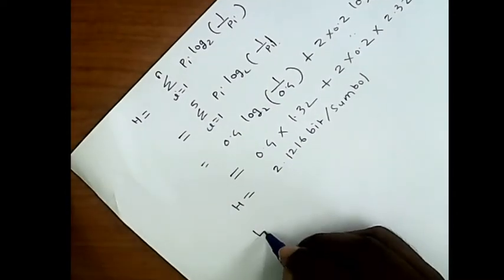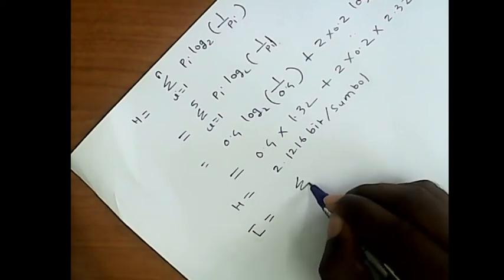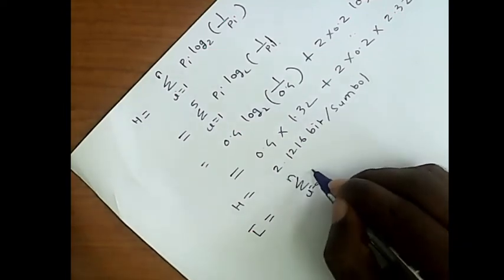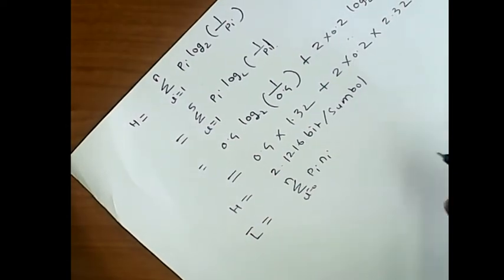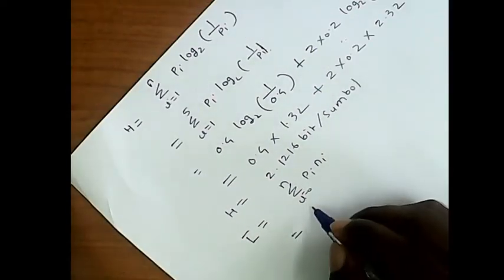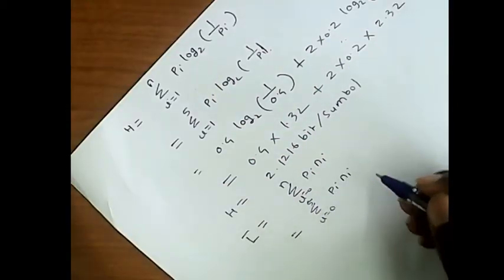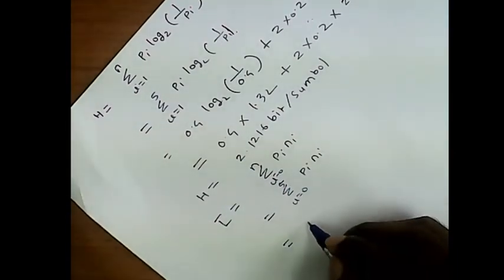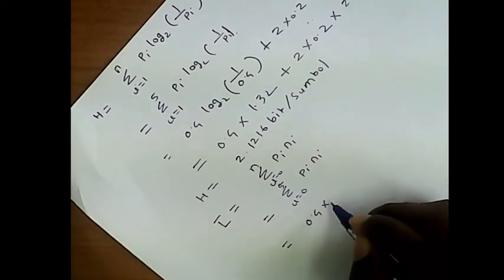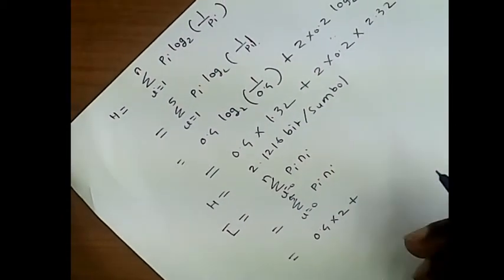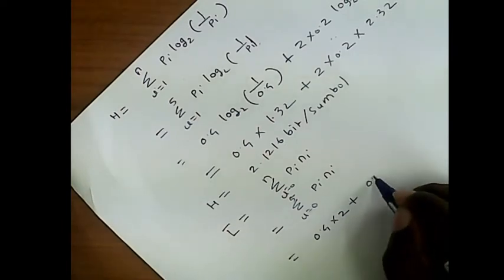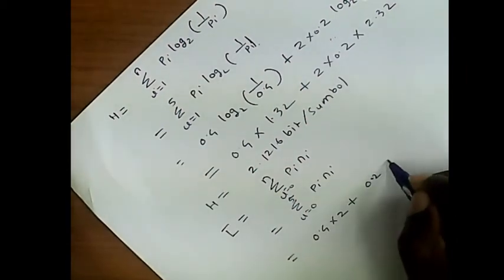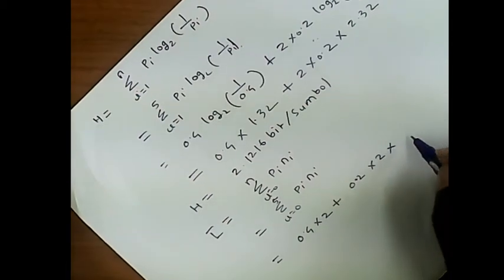Similarly, to calculate the average code word length, it is given by summation i equal to 0 to n of pi into ni, where ni is the length of the code word. So for 5 symbols, summation of pi into ni. For the first symbol, probability 0.4, the code word length is 2.